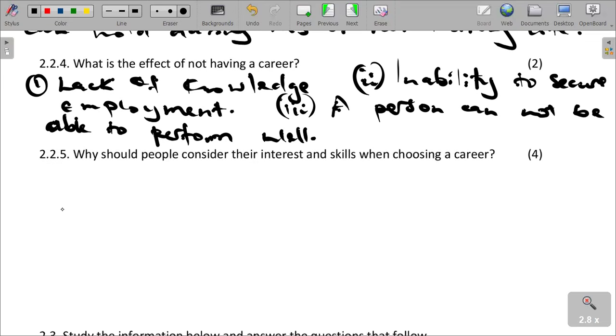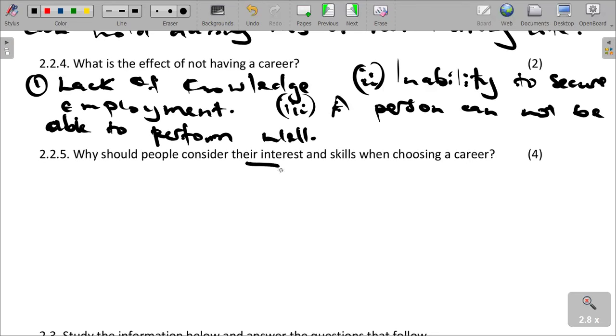And then why should people consider their interests and skills when choosing a career? They should know what they want to do for the rest of their lives. That is the importance of that.